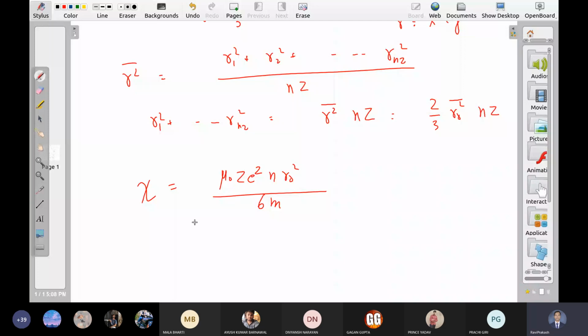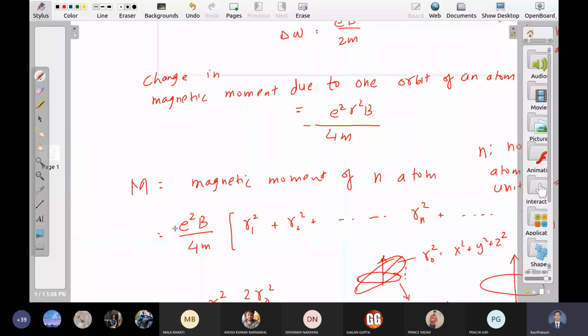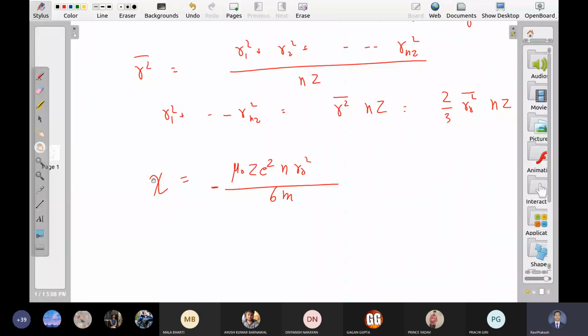Why minus? Because magnetic moment is opposite to the applied field. All these numbers are negative. What does it depend on? Mu naught is a constant. It depends on atomic number. E square is a constant. N is the atomic density. R naught is the atomic radius.